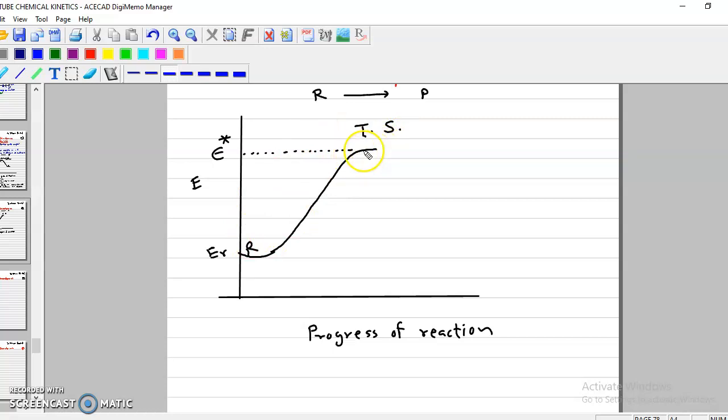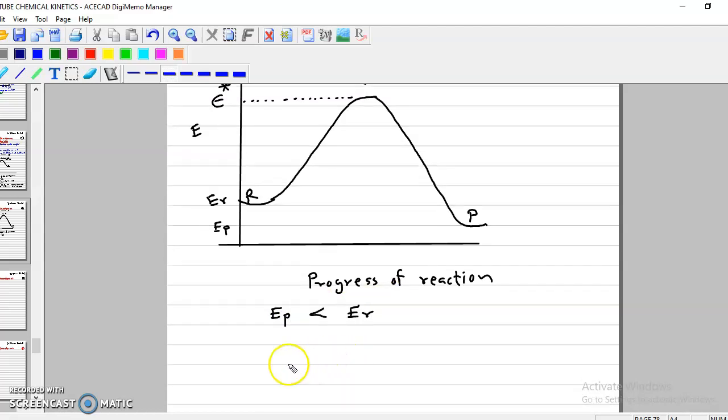Now when these reactants are converted into product, they form new bonds and then energy decreases. Suppose the energy decrease is much more than the energy given and the product forms somewhere here, then this is the energy of product. Here we can say that the energy of product is less than the energy of reactant. If we take the difference, it is EP minus ER, and as EP is less than ER, this difference will be negative, and therefore it is called an exothermic reaction.